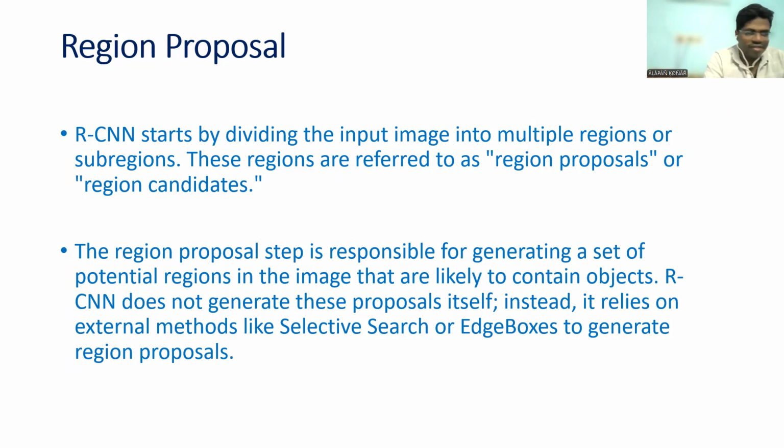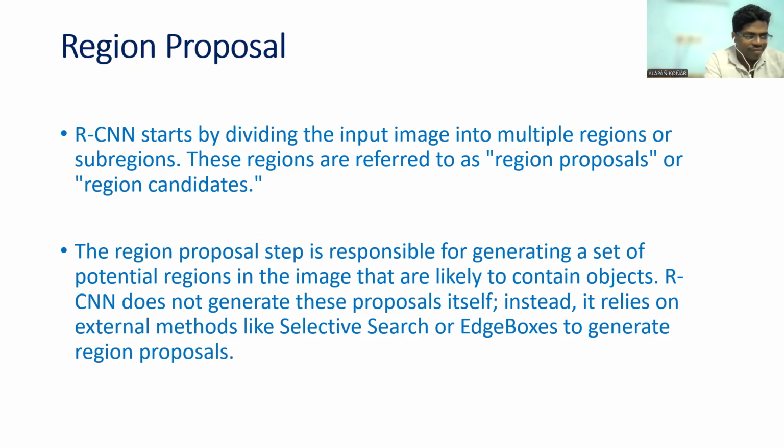Here we can approach selective search, because selective search employs a segmentation algorithm to create an initial set of region proposals. In upcoming sessions we can go for implementation, where we'll get more idea about this region proposal concept.